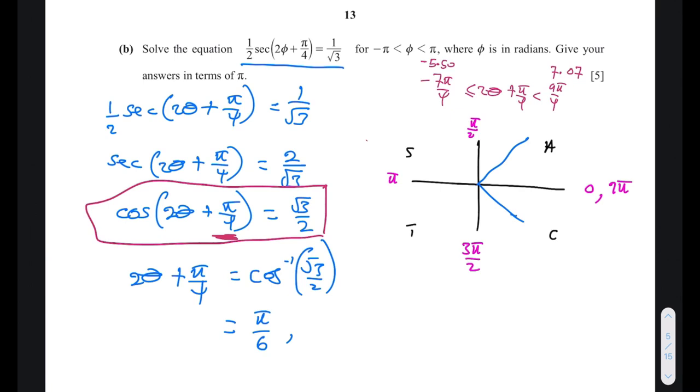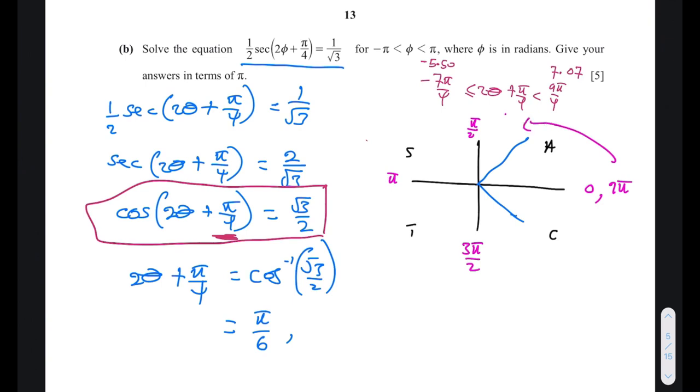Good. Basically what I am doing is using the positive direction first. It goes all the way to 9 pi on 4, and that's like 7 point something, but 2 pi is like 6 point something, so we haven't ended.